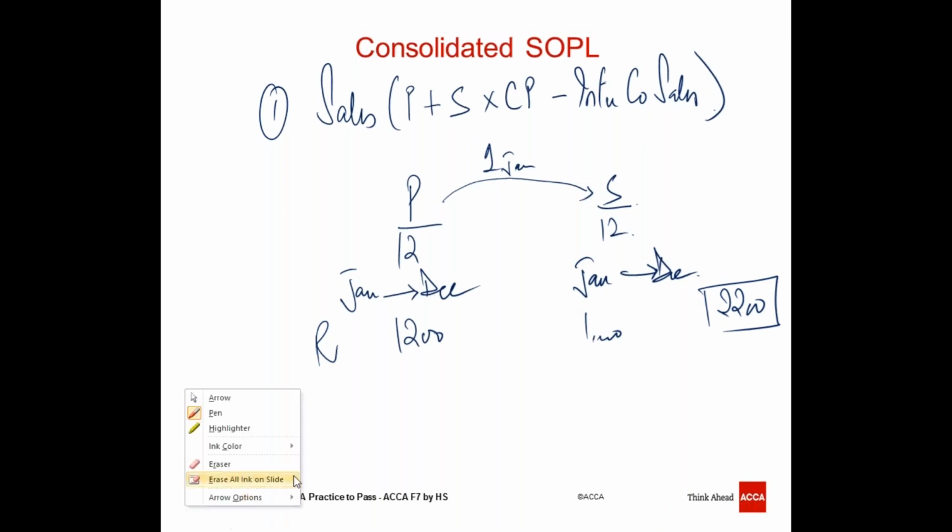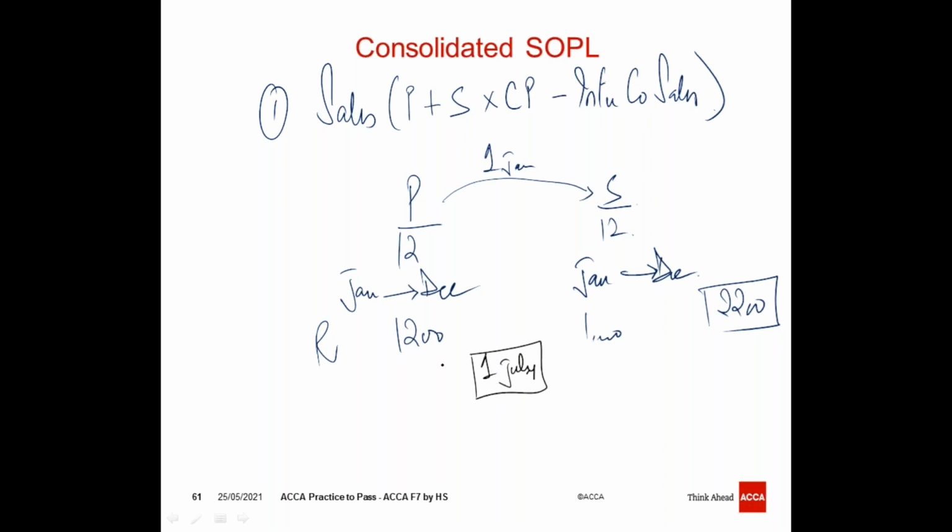But if the parent company has acquired the subsidiary on 1st July, so till 31st December, the controlling period is 6 months. So you need to apply 6 upon 12 factor when you are calculating the revenue of the group.